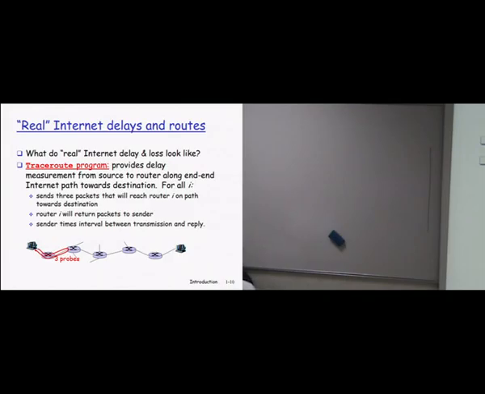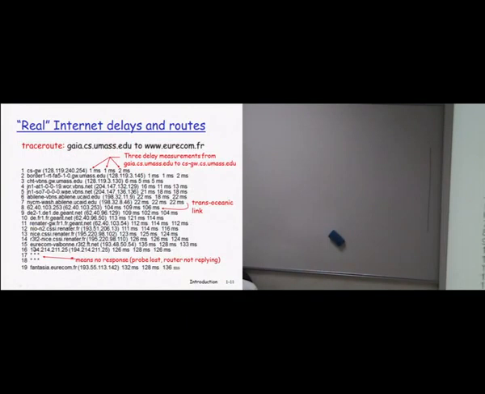For example, if we look into this example, traceroute from gaia.cs.umass.edu to www.eurecom.fr, there are 3 delay measurements, which are 1 millisecond, 1 millisecond, 2 milliseconds. 3 times it is sending the packet and measuring the delay.